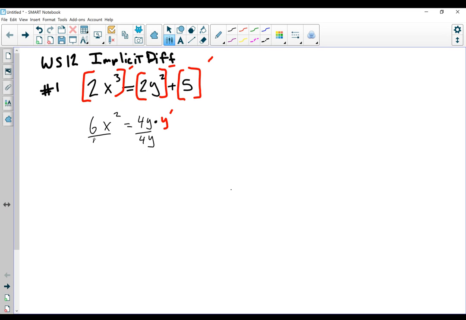You divide each side by 4y, and you get y prime on this side. I'll put that in red in a minute. You could reduce this if you want. You try your hardest to maybe reduce it, although this expression is fine. 6x squared over 4y is fine. They both contain a factor of 2. This has 3 2's and this has 2 2's.